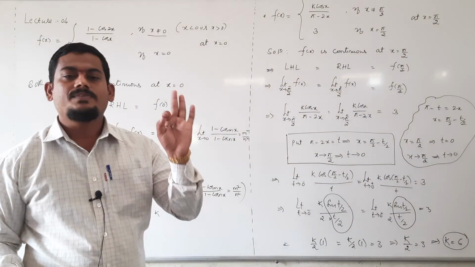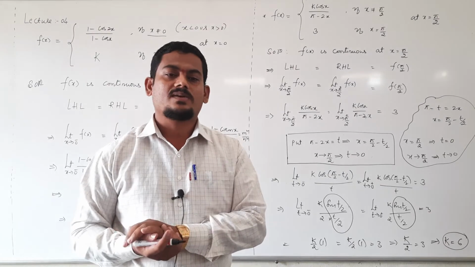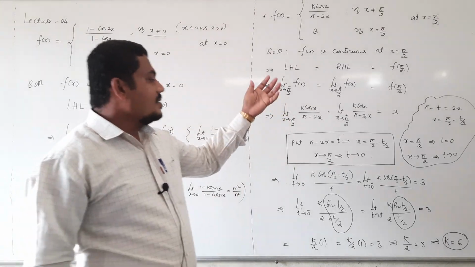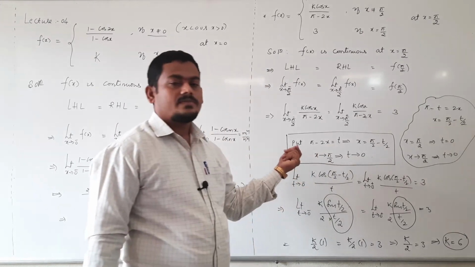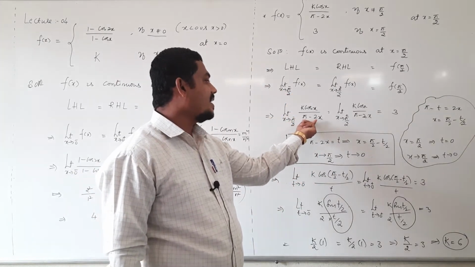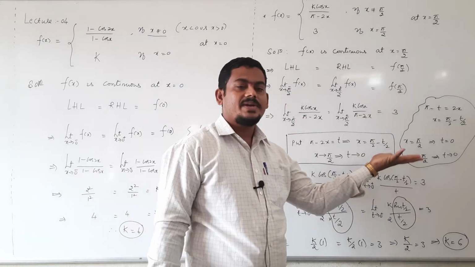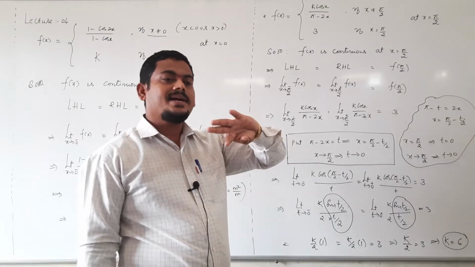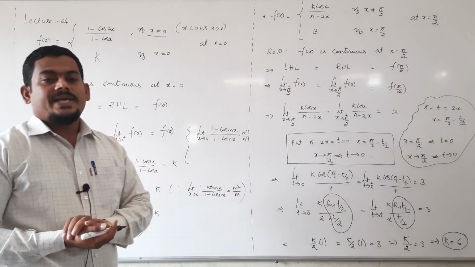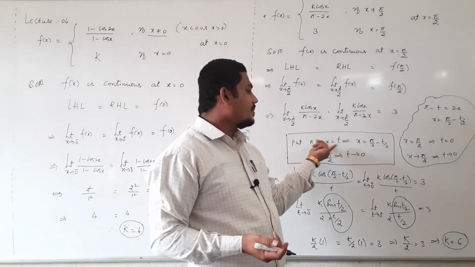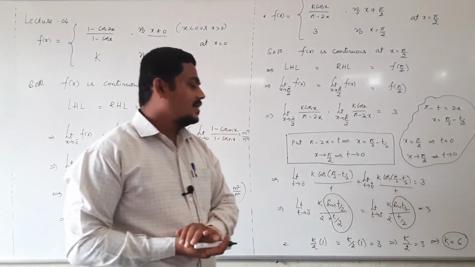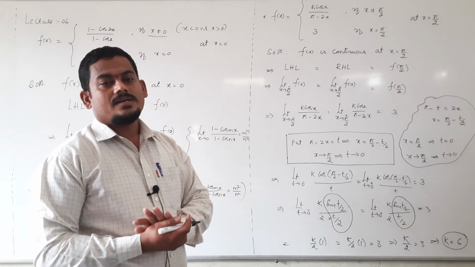It is one of the very important 4-mark questions. Eliminate that indeterminate form by substitution: take pi minus 2x equal to some other variable t. After that convert all the variables in terms of t, then you get the limiting value.